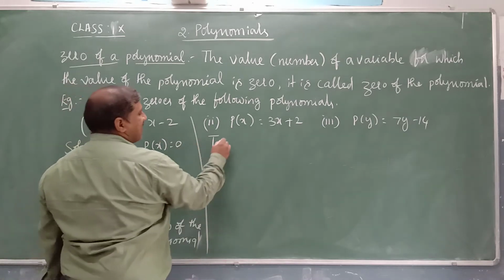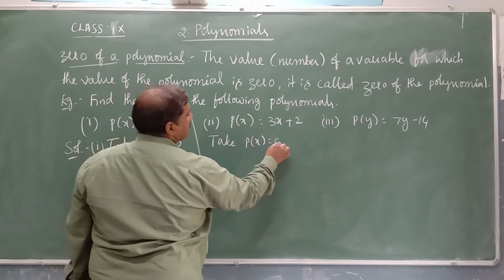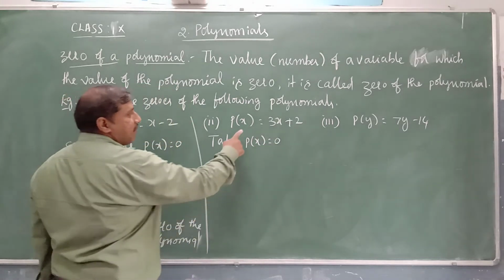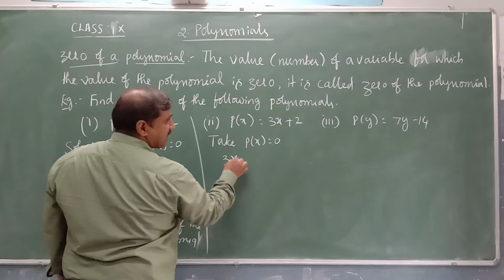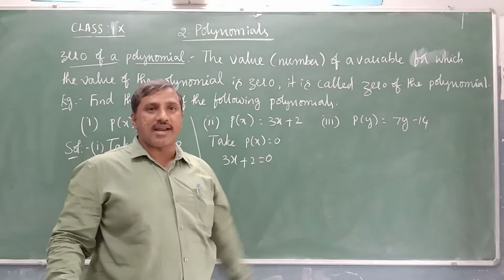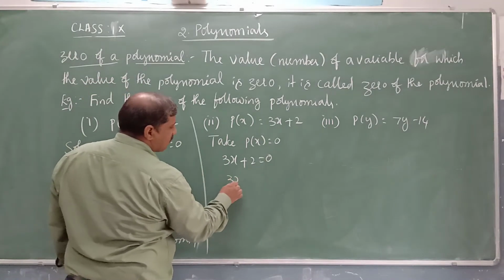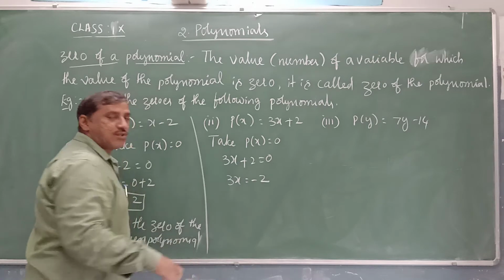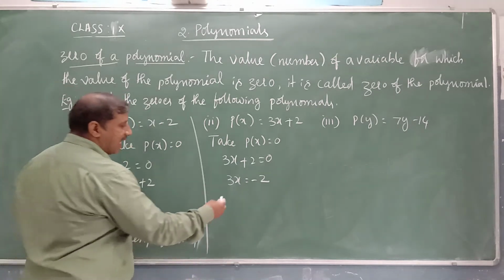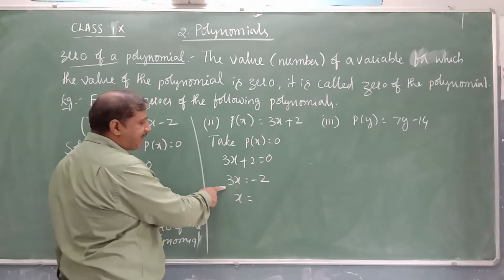Take P of x is equal to 0. Now P of x in this case is 3x plus 2 is equal to 0. Transpose plus 2 to RHS. So what do we get? It is minus 2. Now 3x is equal to minus 2. And x is equal to what? 3x means 3 into x, here multiplication is there.